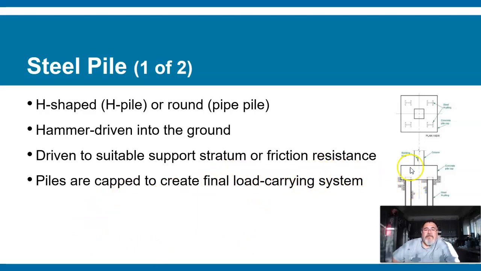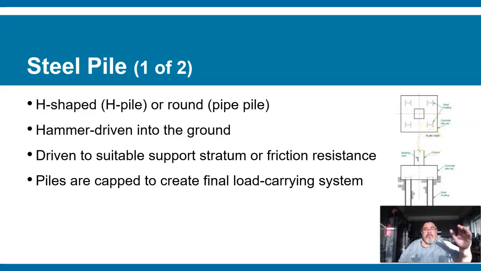So these 4 pieces of steel, big guys like this, will be power driven into the ground, and then on top of that steel, this little square cap will rest, and then on top of the cap will rest the pier or the column that supports the building.